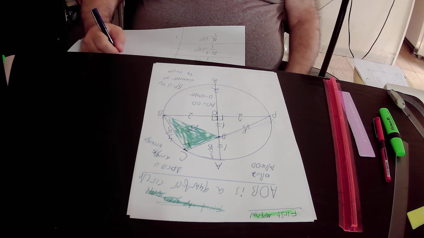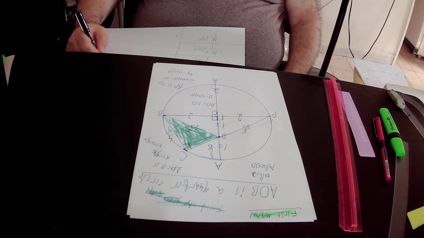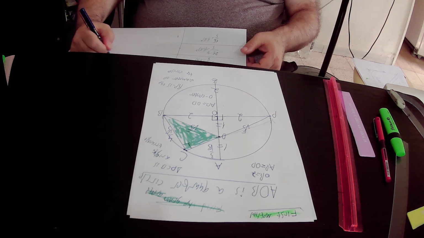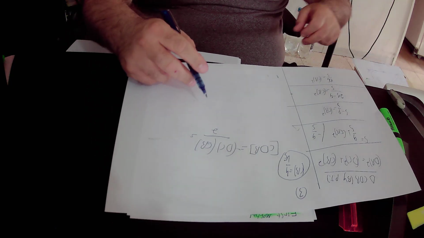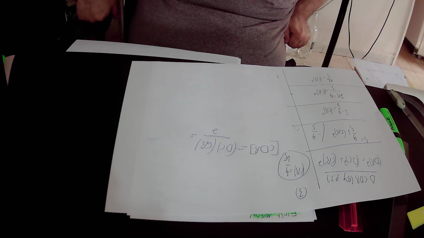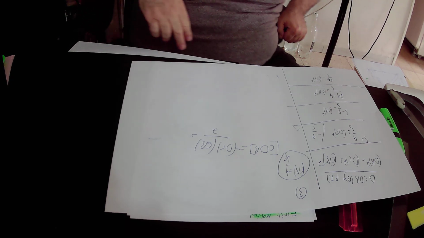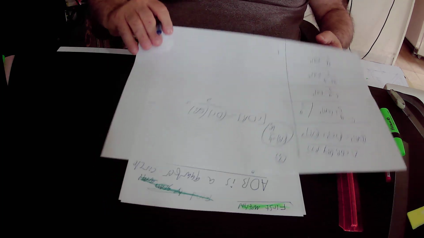I repeat again, the area of the blue right triangle CDB equals the base, that is CD, times the height, that is CB, over 2.